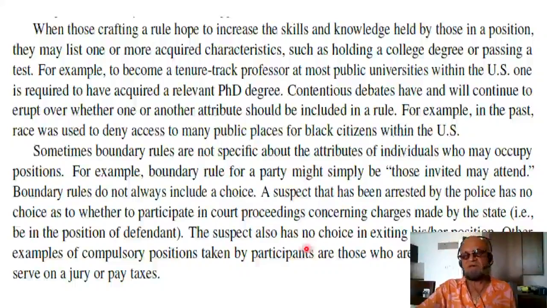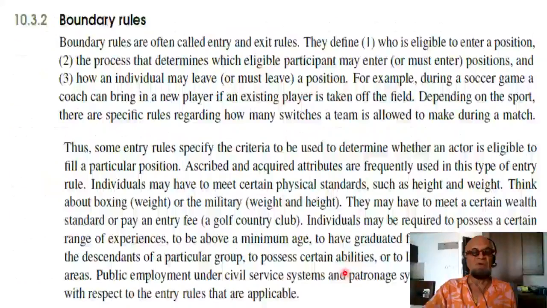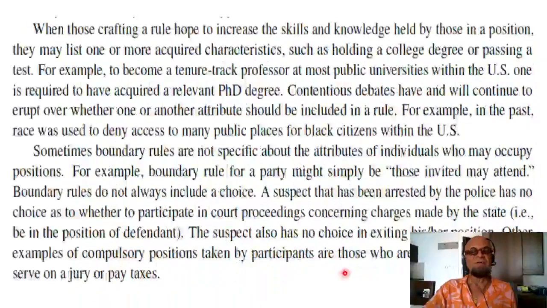The suspect also has no choice in exiting his or her position. Other examples of compulsory positions are those who are drafted into the military, serving on a jury, or paying taxes. If you are living in a country and earning money, even if you don't have to pay tax, you have to file taxes to say how much you earned and why you are qualified not to pay taxes. So those are the boundary rules that are applied.